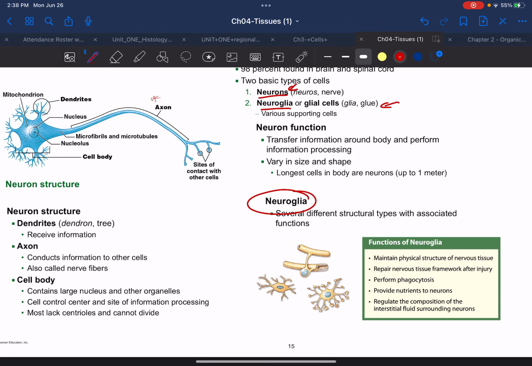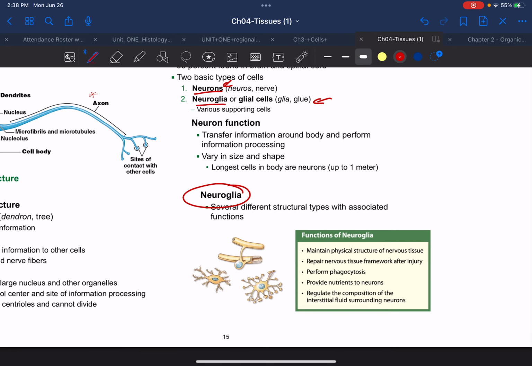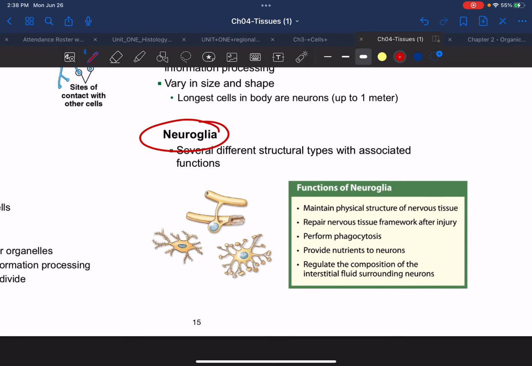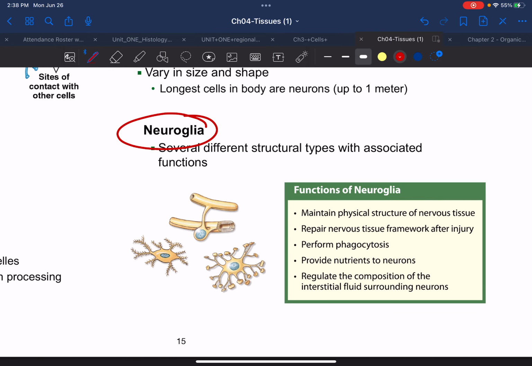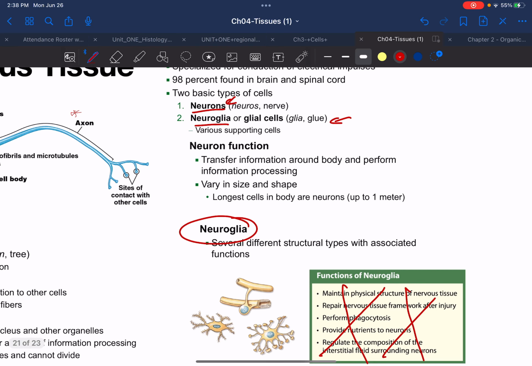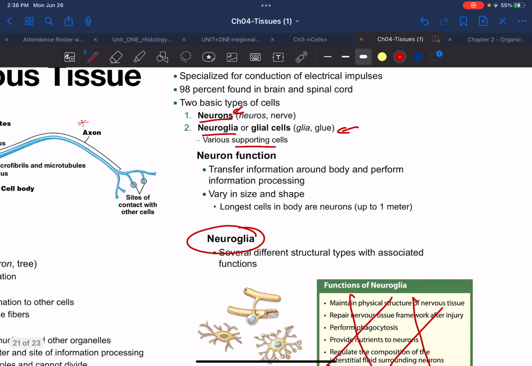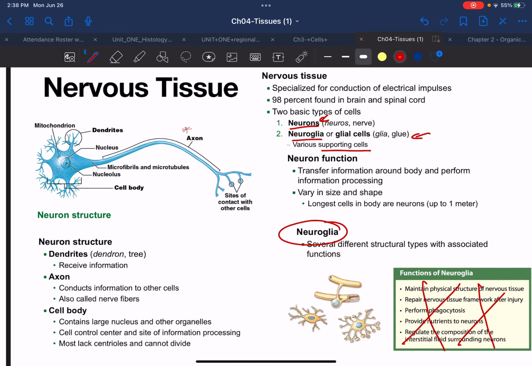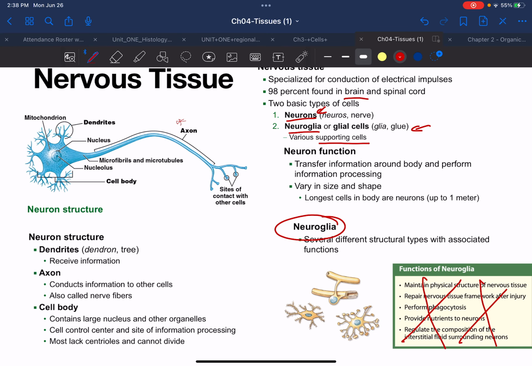Neuroglia come in different forms and have many different functions. All I really care for you to know is that they support neurons. This is a little bit extra than I want you to have, it'll just help for the future. So just supporting cells, as written above for you. We know to find it in the brain and the spinal cord.